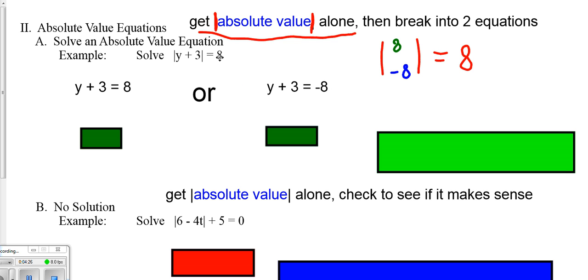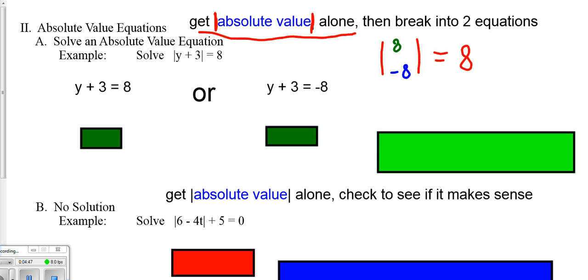So where it was a +8, it's now a -8. So these are our 2 possible solutions for this equation. Either y plus 3 is equal to +8, or y plus 3 is equal to -8.